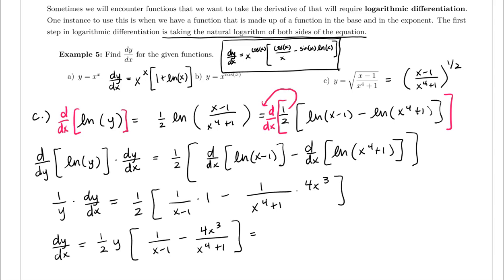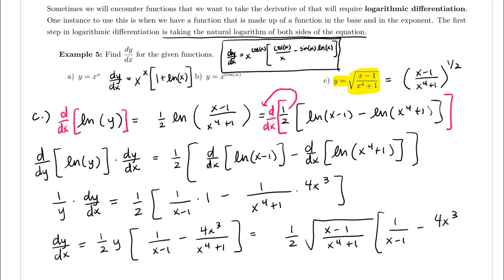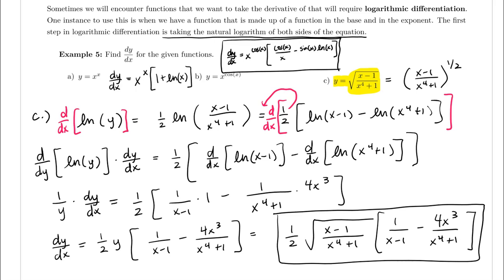And the last thing I just want to do is substitute y for the square root of that fraction. And so we have 1/2 times the square root of x minus 1 over x to the 4th plus 1 times 1 over x minus 1 minus 4x cubed over x to the 4th plus 1. And this very messy thing here is our final answer for dy dx.